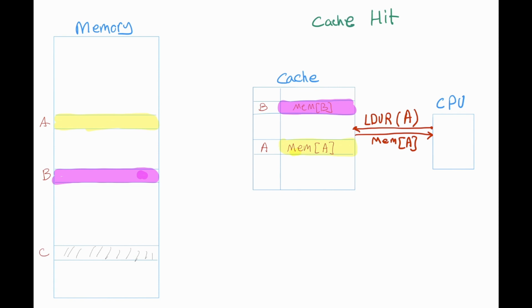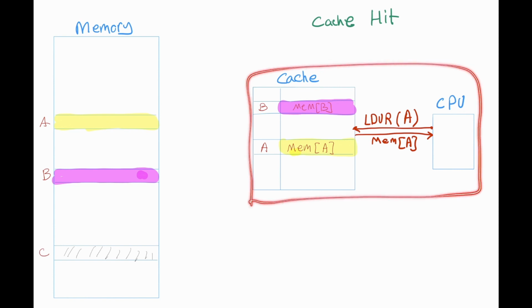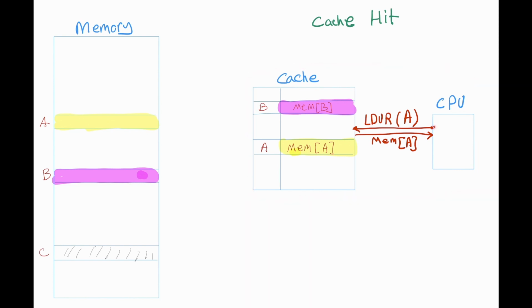This is the scenario that we like. Why do we like this? Because cache is very close to, or maybe even inside the CPU, this round trip can be done very quickly. It's very fast. In fact, for some types of cache, you might be able to do this in one clock cycle, which is what we are going to assume for our design.